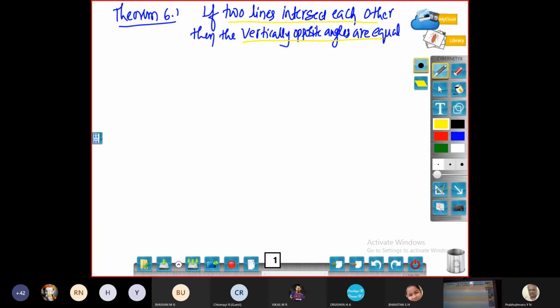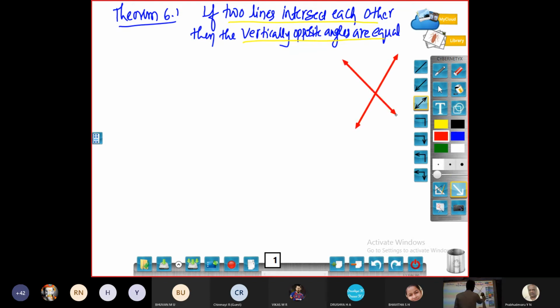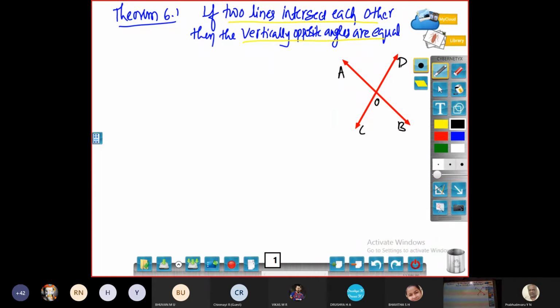Using what is given, you have to draw a diagram. What type of diagram can we draw here? Two lines intersect each other means you have to draw two lines which are intersecting each other at one particular point. Let us call this point O, and I will take AB and CD as the two straight lines intersecting at point O. Which are the vertically opposite angles?